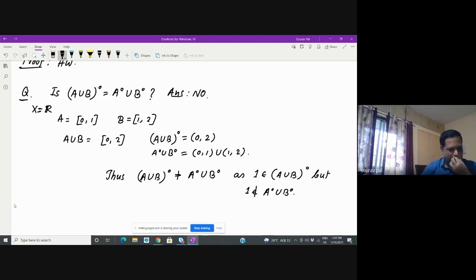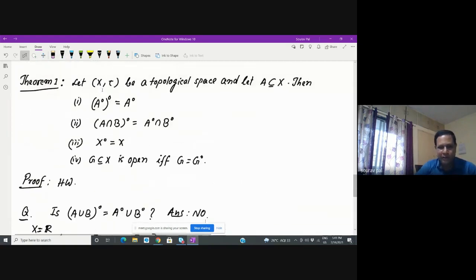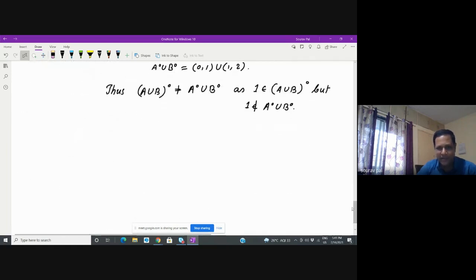And what happens with the closure? You have a similar theorem for the closure, right? So what should be the analog of this theorem for the closure? Who can tell me? There should be an analog for the closure. I guess you all can guess it. So call it theorem 2.